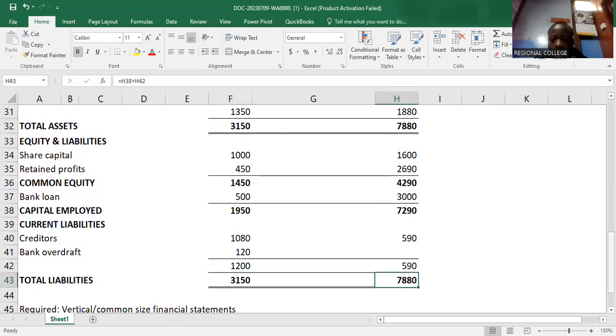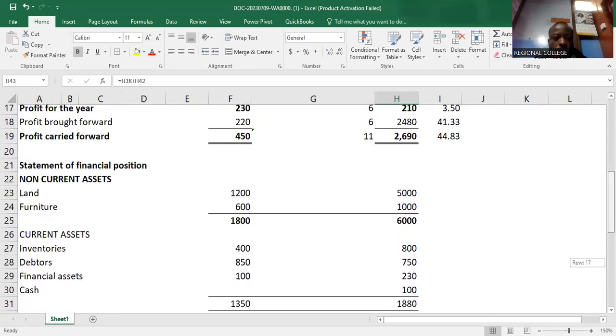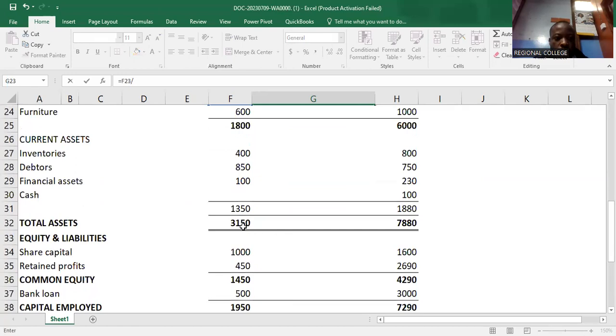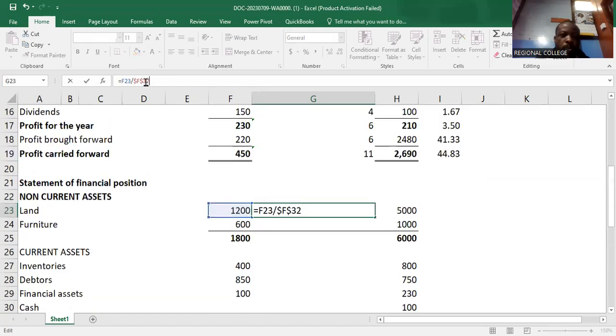So let's calculate the assets now. For the land, I'll pick the value of land and divide by the value of my total assets. Then I lock my total assets by pressing my F4 key. Then I multiply by 100 to make it a percentage.